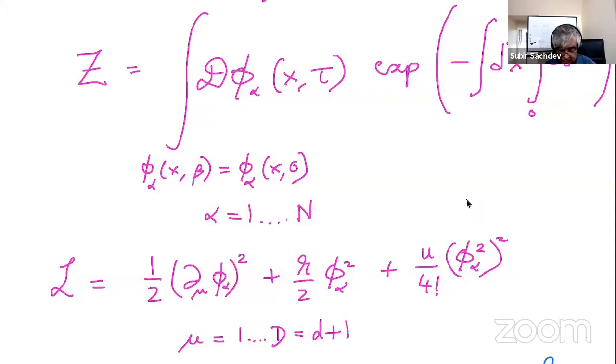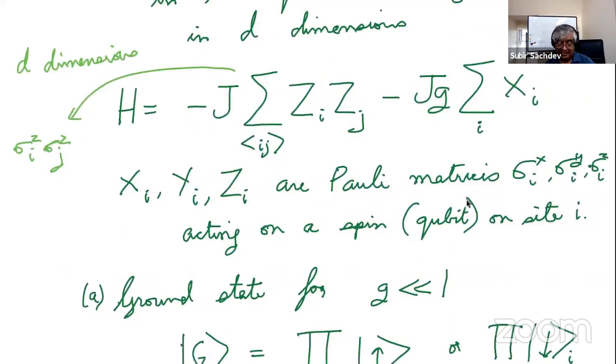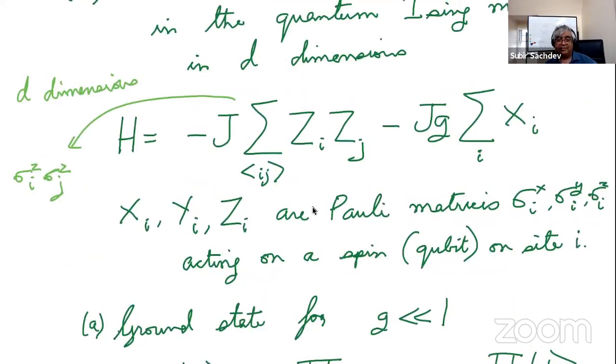Suppose I took the transverse field Ising model. Let me share it again. If I take this model, whether I get the cat state or not will depend precisely on the boundary conditions.